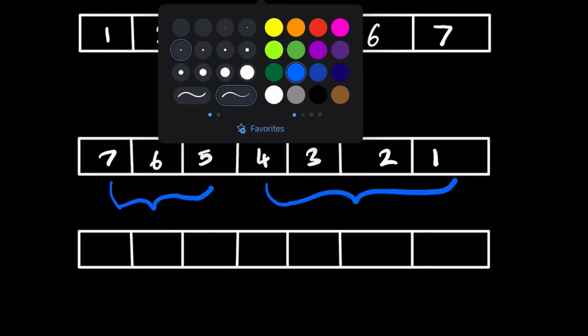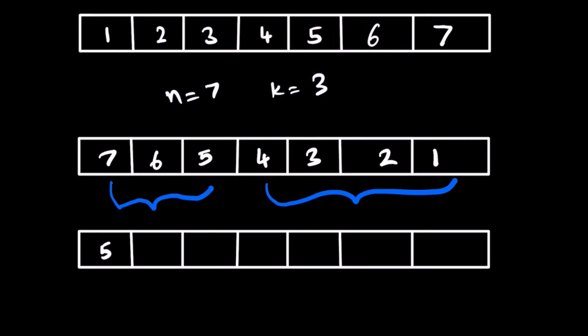So in this case, if we did that, we would get 5, 6, 7, and then 1, 2, 3, 4, which is our result. This seems like a hacky way to do it, but it works because when we rotate by k, we're basically moving the starting numbers by k elements and getting the last numbers to the start of the list. This makes the problem quite simple to solve.